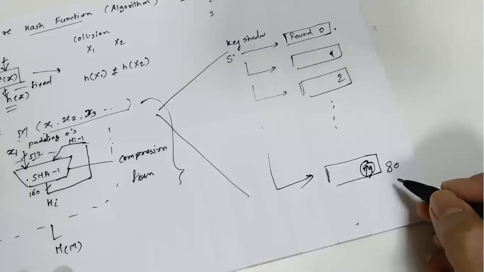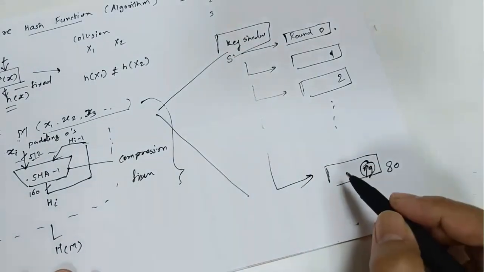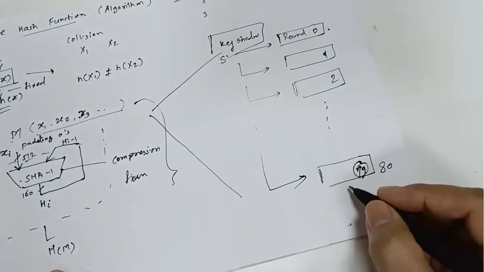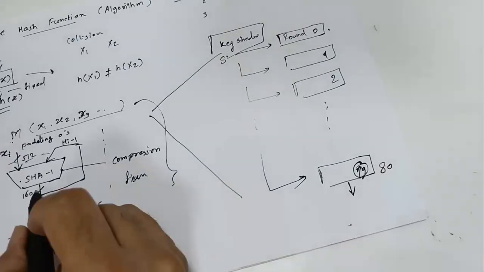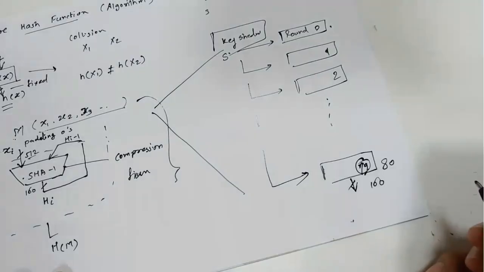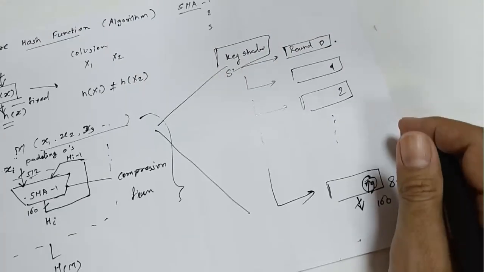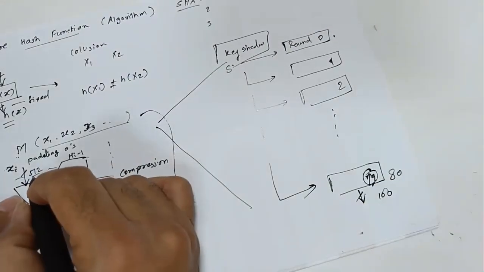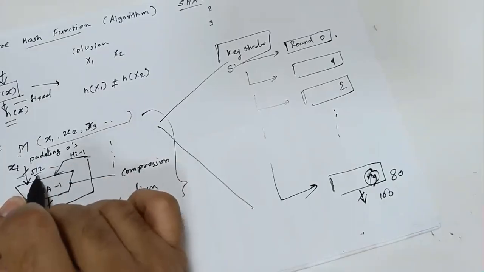For all these 80 rounds, you have to provide 80 keys. And what is the output of each round? It is actually 160 bits. What is the input for each round? 512 bits.